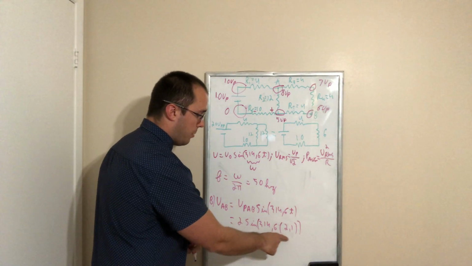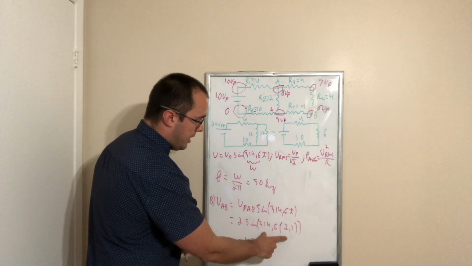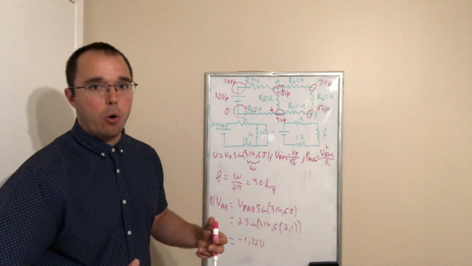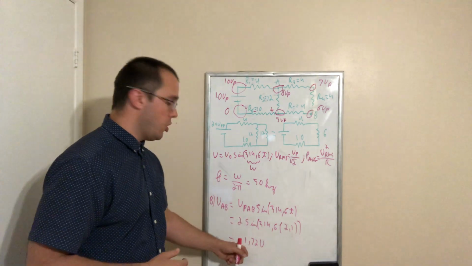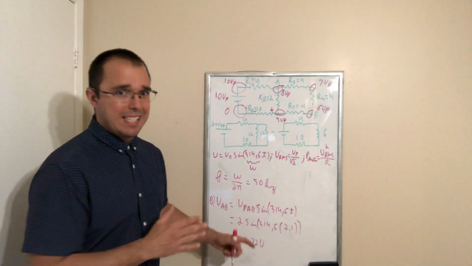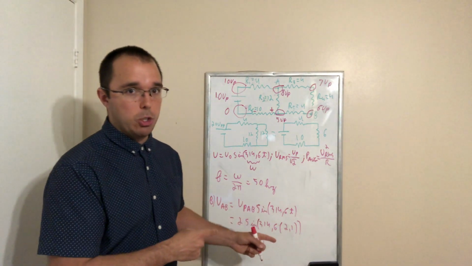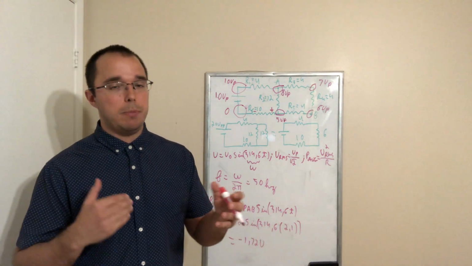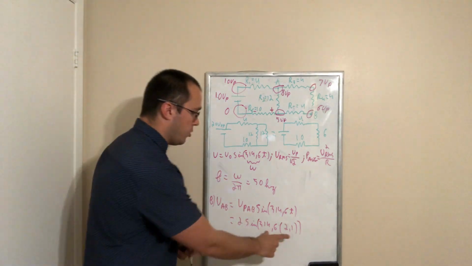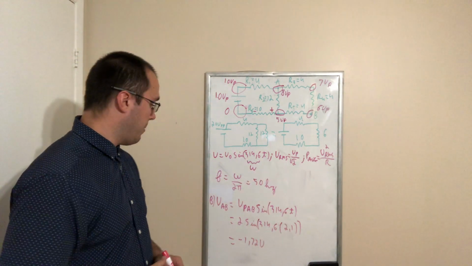If your calculator is not programmed in the same way as mine, this is a lot of cycles, and therefore you might get a very big difference in your answer. So if you don't get exactly that answer, don't freak out. In a test, the time frame will be way shorter, so this value will be within one cycle, all right?